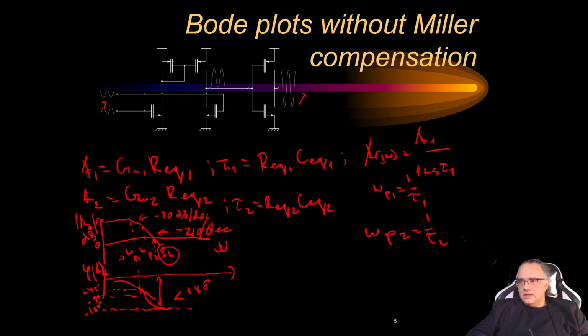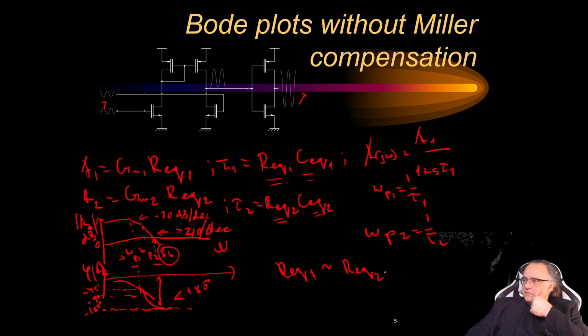Now that's a problem, because these two poles are very close to each other. Why? If you look at the expression for how they are constructed, the poles depend on an equivalent resistance and on some equivalent capacitance. The equivalent resistance is of the same order in the first and the second stage, because it's simply rop in parallel with ron in both cases.